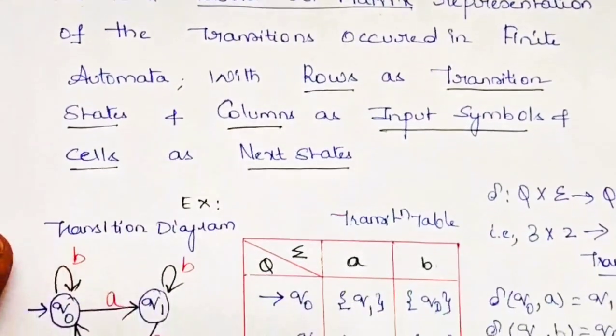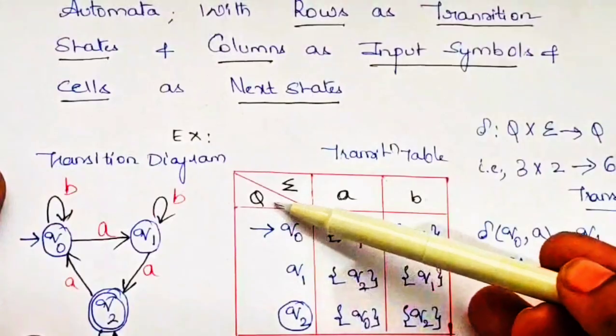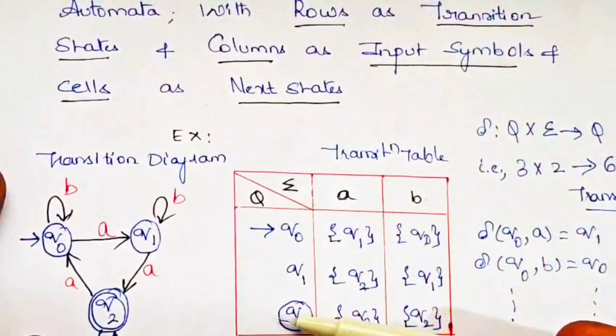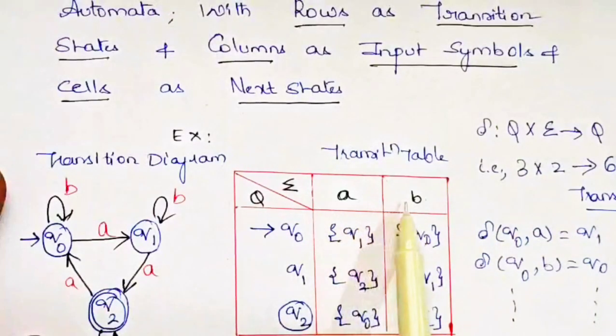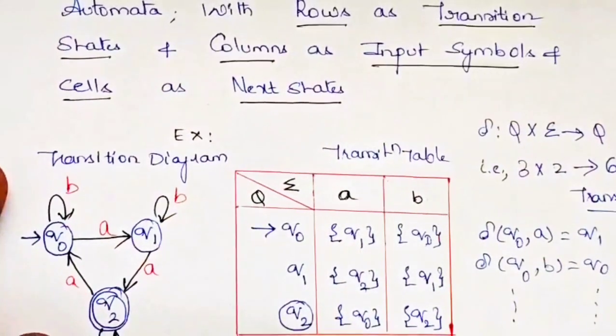Let us consider the following example. In this transition table, we observe that the transition states are considered as rows and the input symbols are considered as columns, and the entries of a transition table, or cells, are observed as a next state or a change in a state.